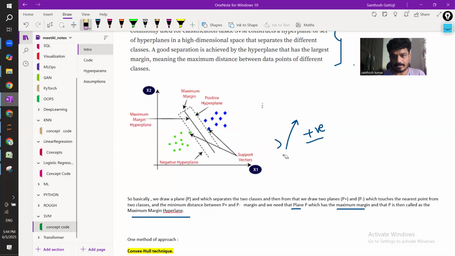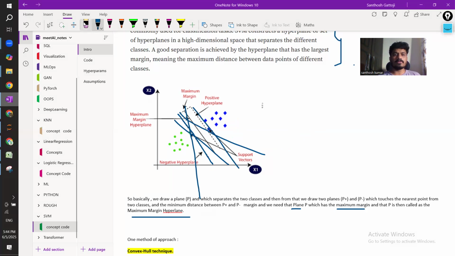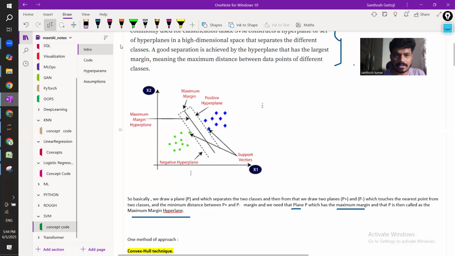What I told you is, touching this point we need to draw a line or plane, but this could be one line, or this could be another line, and here also there could be lines. So there could be n number of lines I could draw, right? Similarly here also, and both could be parallel also.